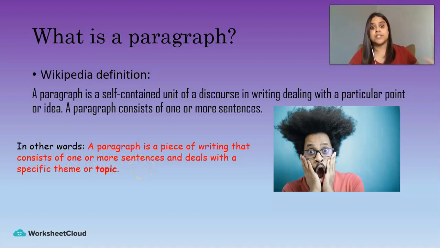So it consists of sentences and it deals with a specific theme or topic. Remember, we did start with how to write a sentence in the beginning, okay, and sentence structure. So now we know that the group of sentences, or even one sentence that deals with a specific theme or a specific topic is a paragraph. Hope that's an easy explanation, grade 4s. Because if your face was like, my face was just like this man's face when I read that one for the first time.